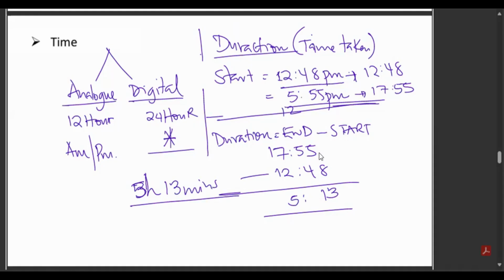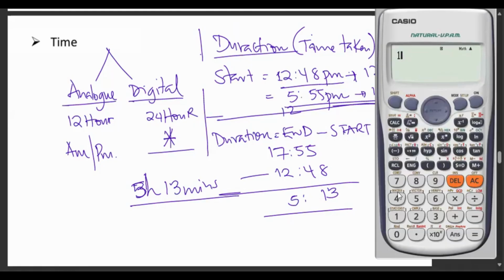How do you use a calculator? Don't touch the calculator when the time is still raw. Change it to the 24-hour system. So you press 17, then you press this key here. Press the minutes, you press that key. Minus 12, you press that key. 48, you press that key. Press equal, you see.